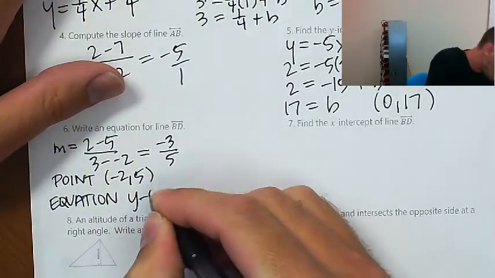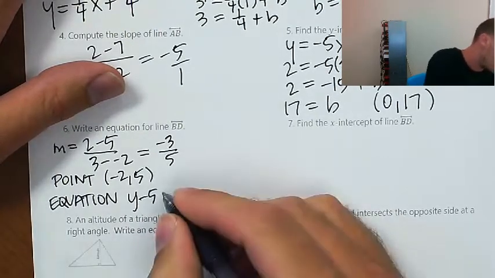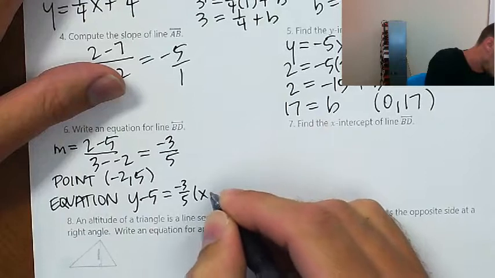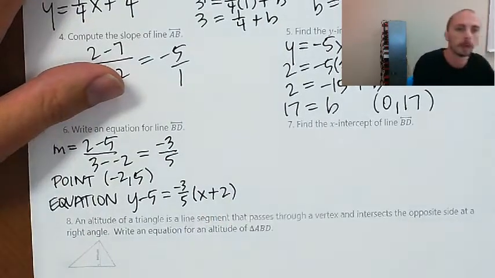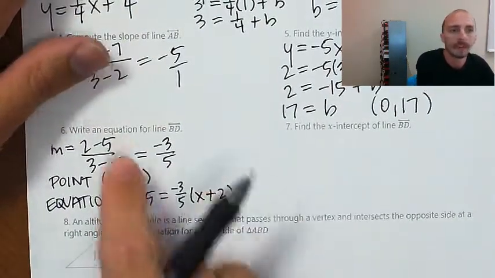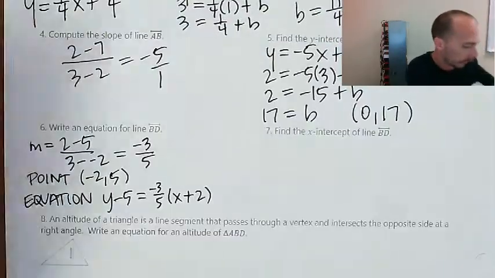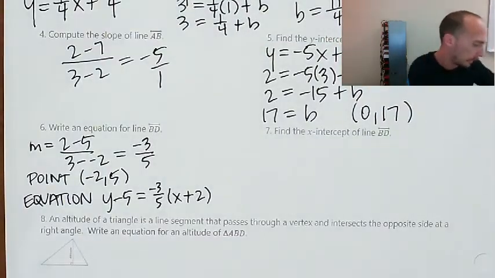So y minus the y coordinate of the point I know is on the line is equal to the slope times x minus the x coordinate of that point. And it said an equation, so this will do.